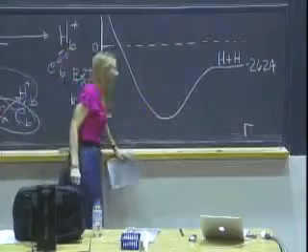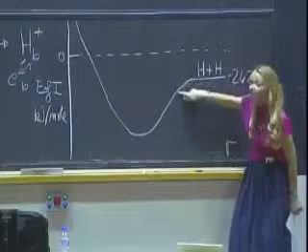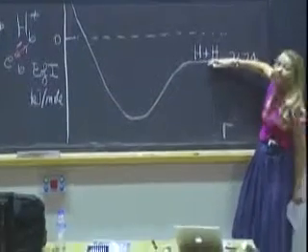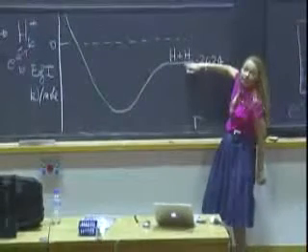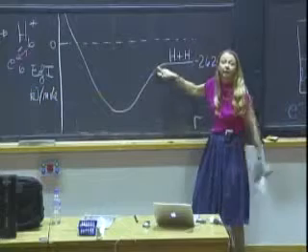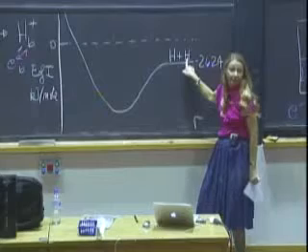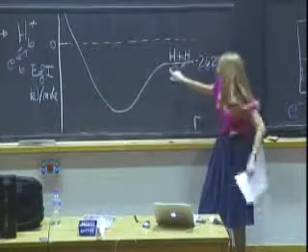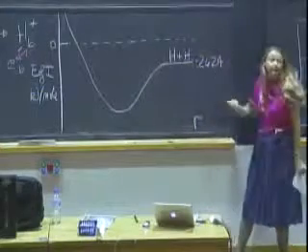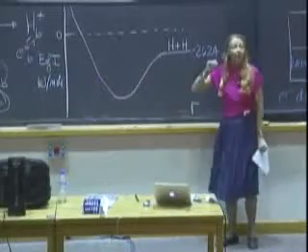Starting about here somewhere, where the energy of interaction is more negative than the separated hydrogen atoms, that means we're forming a chemical bond. The two hydrogen atoms are more stable than when they are separated. The two hydrogen atoms are bound as soon as this energy of interaction gets more negative than the separated atom limit, and it keeps getting more negative.